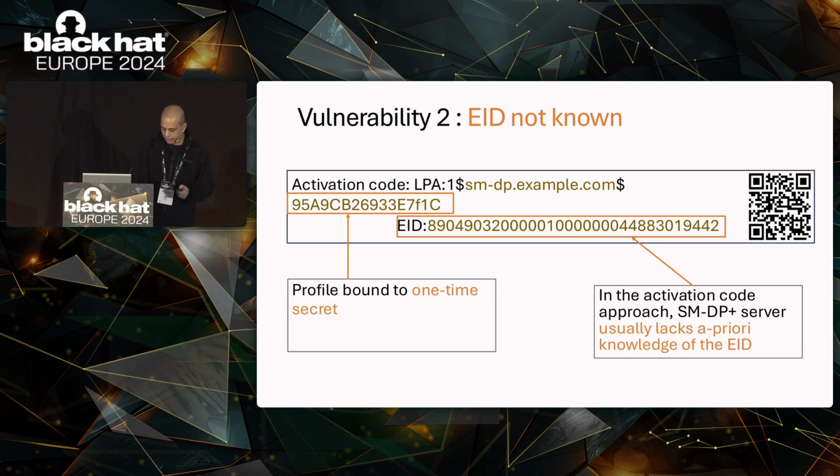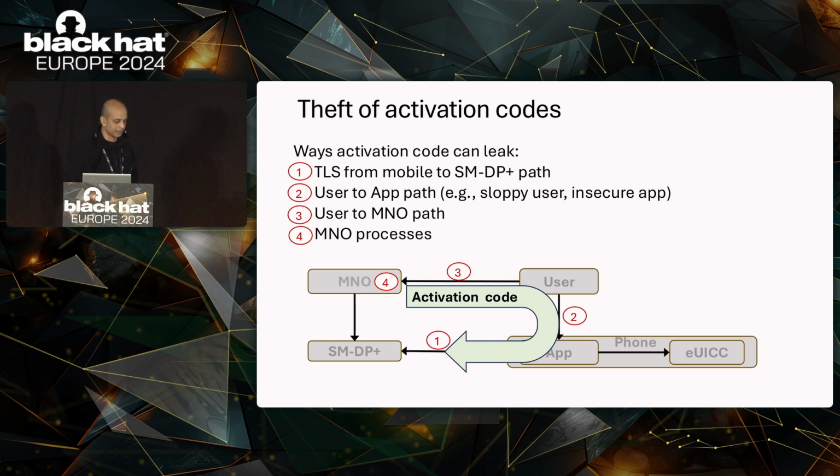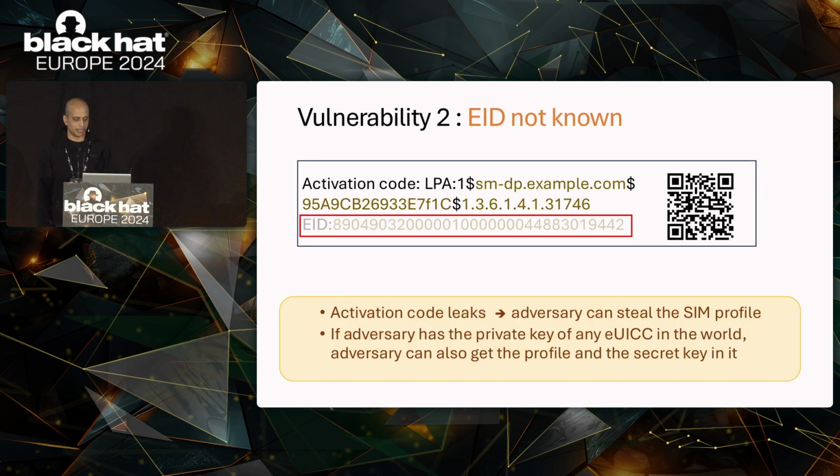So without that, the server has no a priori knowledge about which device is going to download this profile. And when that happens, the profile is only protected by this one-time code. This one-time code can leak in multiple ways in the process. It can leak in the MNO process. It can leak when the user is handling it. If that happens, the adversary can steal my SIM profile.